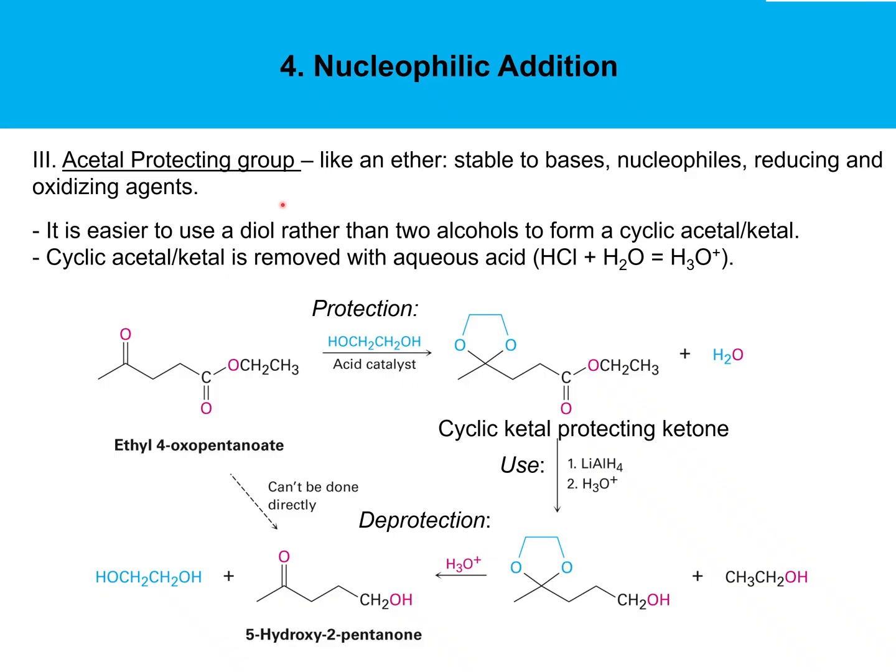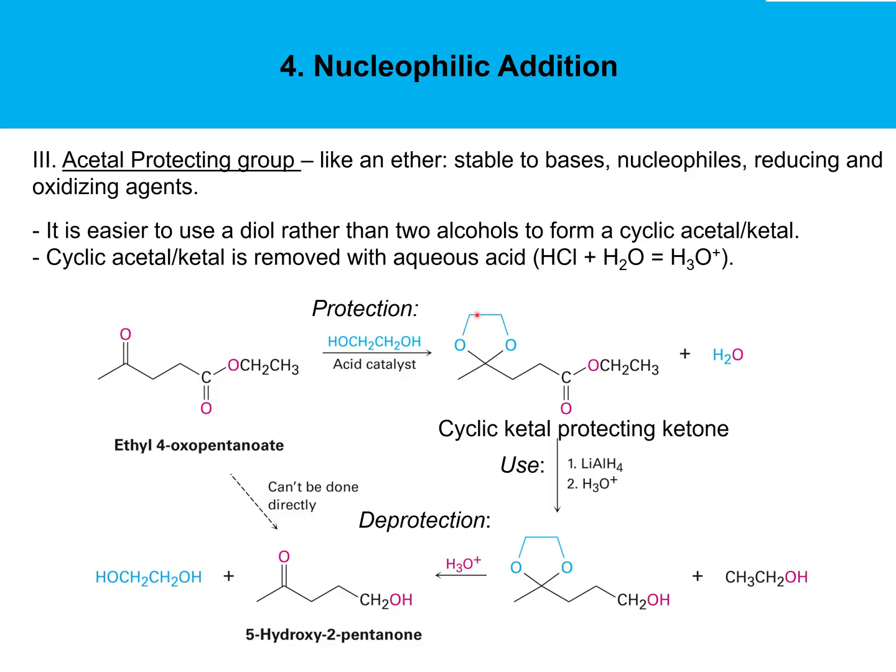Here's an example using this ester that also contains a ketone. If we add a diol and an acid catalyst, we can make an acetal from the ketone. Notice that we don't do anything to the ester in this reaction. Now, in predicting the product, we want to look at the diol we're using. This one has 2 carbons.